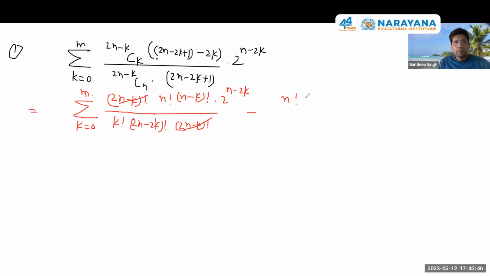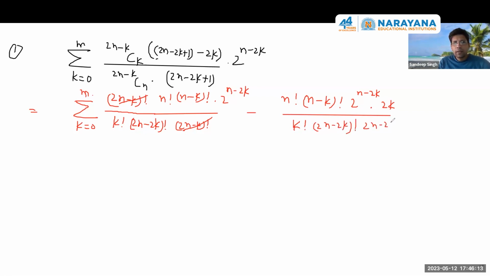Same thing I'm going to write, because the only difference is 2k is there. n minus k factorial 2 power this, along with there is 2k term, I suppose, and whole divided by, in the denominator what is there? k factorial multiplied by 2n minus 2k.